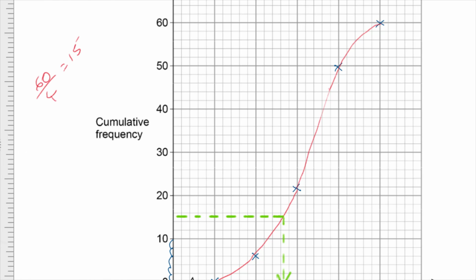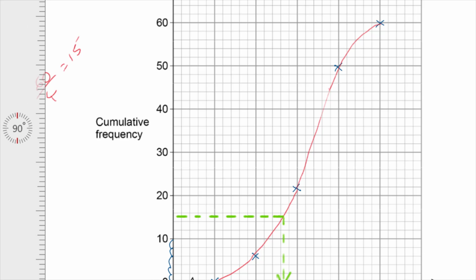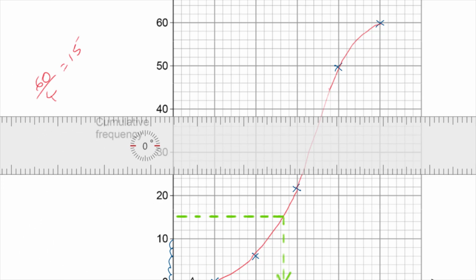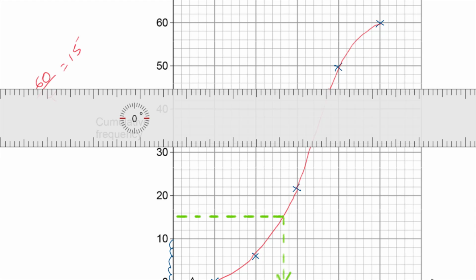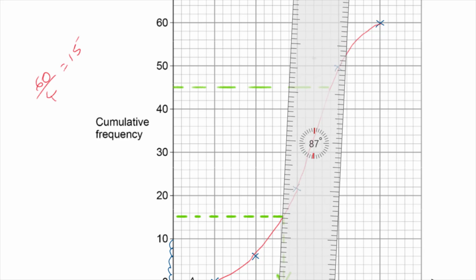And then my upper quartile is going to be 3/4 through my data set. So times 15 by 3 gives me 45. So again, I'm going to read across from 45 to find my upper quartile.